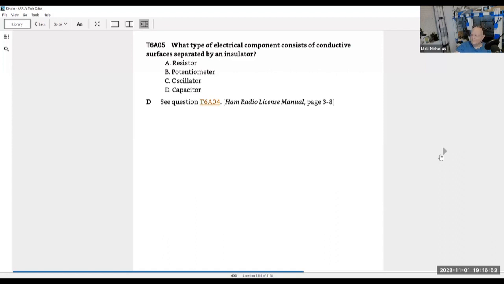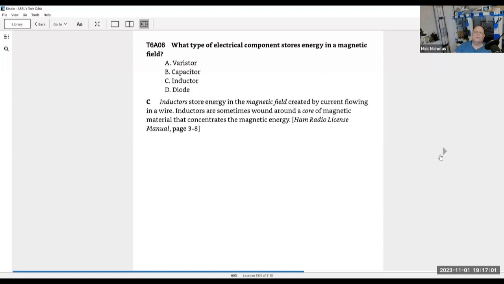Well, that is exactly what a capacitor is. Two charged plates separated by an insulator. Answer is D.